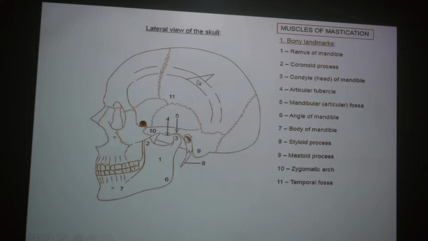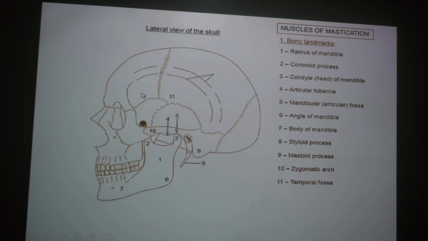These are the two temporal lines, the superior temporal line and the inferior temporal line. The inferior temporal line gives attachment to the muscle, and the superior temporal line gives attachment to the temporalis fascia and the epicranial aponeurosis.